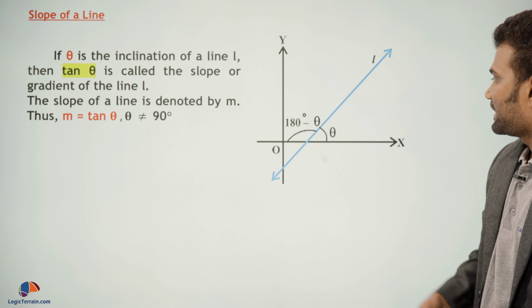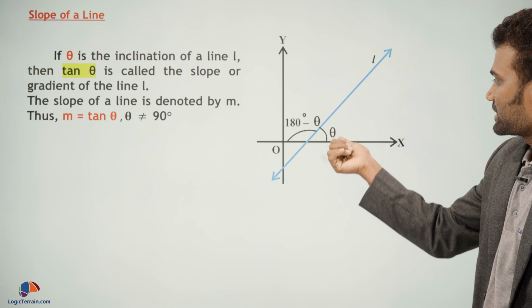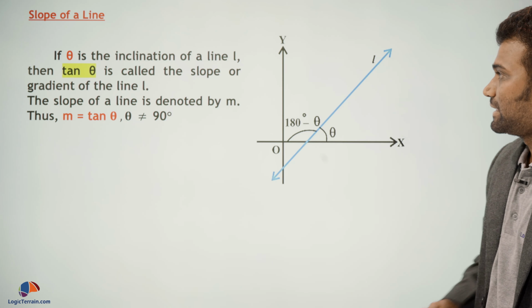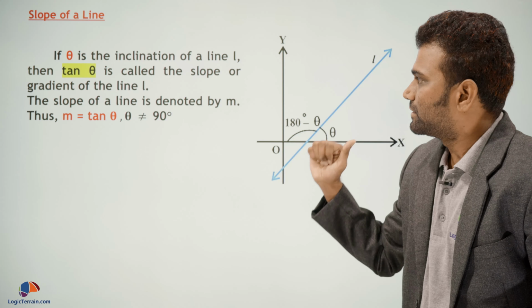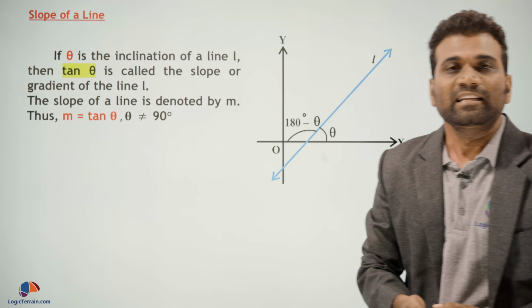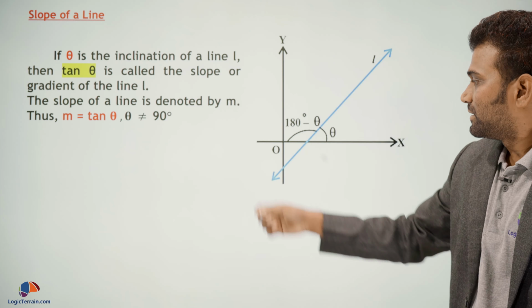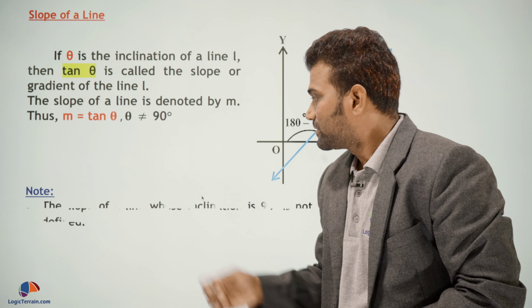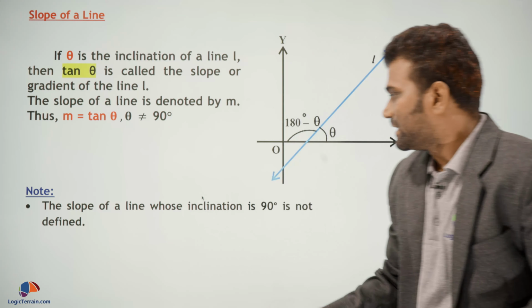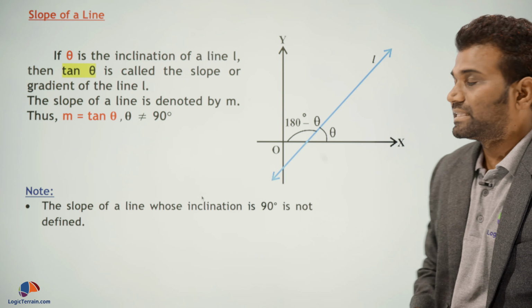Let us see the visual representation. Here L is a line with an inclination of angle theta. Then the slope of this line is denoted m equals tan theta. Clear? Here are some note points. The slope of a line whose inclination is 90 degrees is not defined.